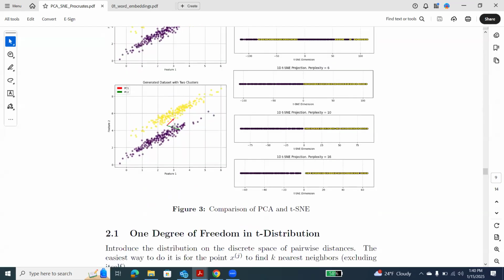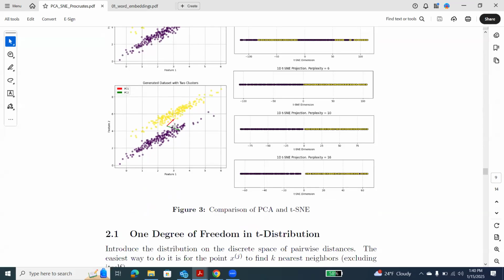Here is the illustration of principal components. If we use t-SNE, we will talk now about what perplexity means, you can see that with different perplexity parameters we have better separation of these points.